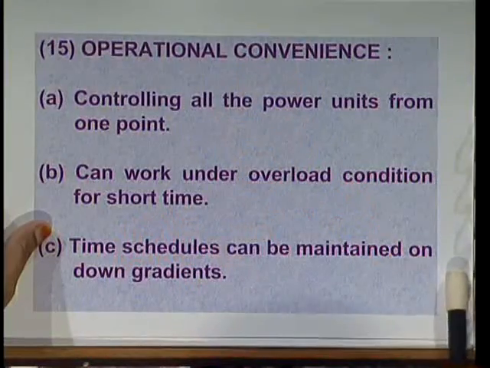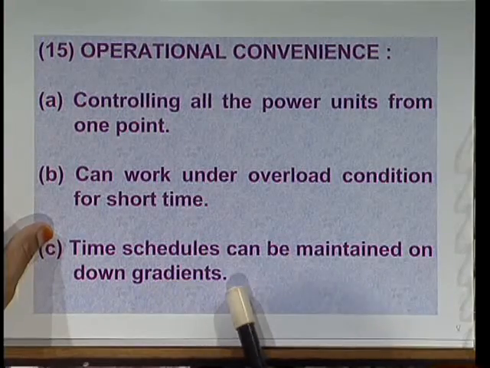In a steam engine drive, if at all it is overloaded, there will be much strain put on its crew. But the strain put on the crew of the electric locomotive is much less. Because of the regenerative and rheostatic braking of the electric locomotive, time schedules can be maintained on the down gradients.